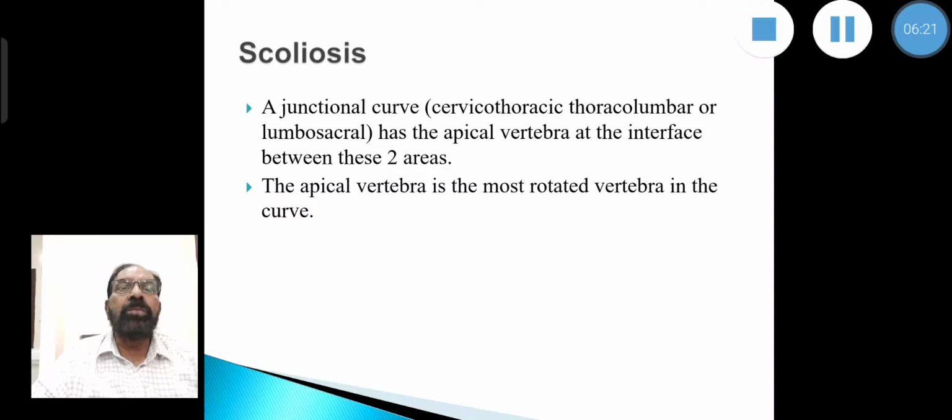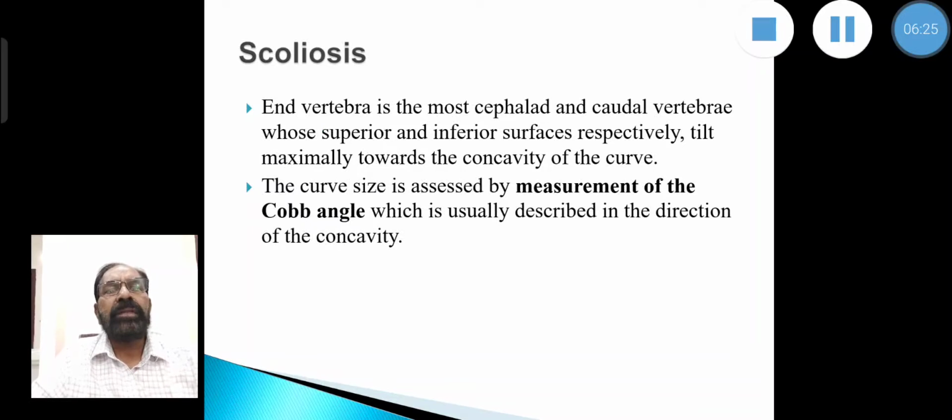Apical vertebra is the most rotated vertebra in the curve. End vertebra is the most cephalad and caudal vertebra whose superior and inferior surfaces respectively tilt maximally towards the concavity of the curve. Curve size is assessed by the measurement of Cobb's angle, which is usually described in the direction of the concavity.